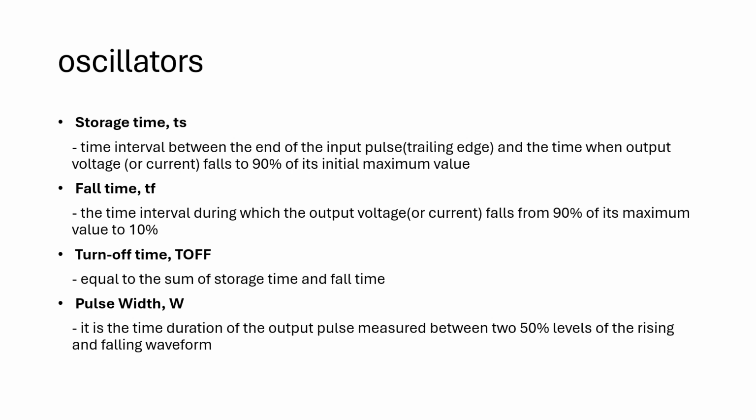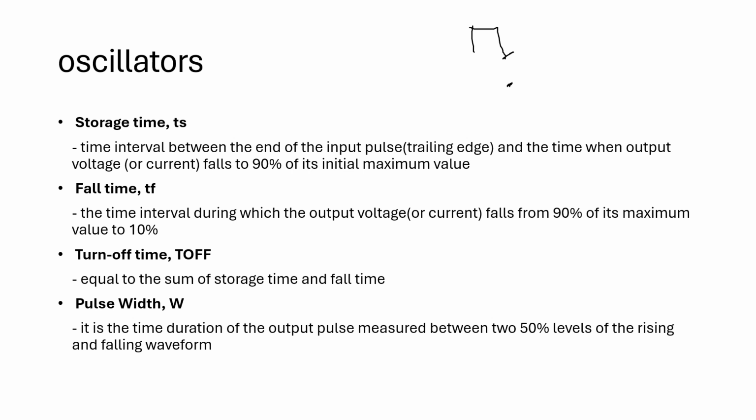So the storage time is the time interval between the end of the input pulse or the trailing edge and the time when the output voltage or current falls to 90 percent of its initial maximum value. So it is not really happening that if we don't have an input already, we already have no output.